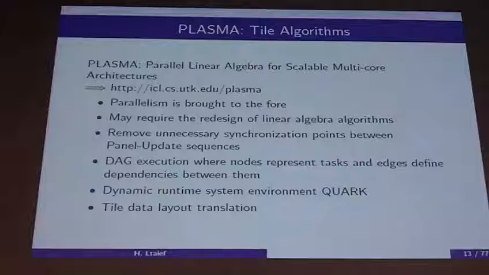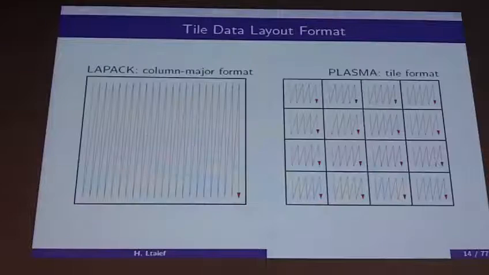So if you look at the way LAPACK stores the elements of the matrices in memory, this is the column major format from LAPACK. And you can see they are all contiguous in memory column-wise. And Plasma came up with this new tile format, okay? Not really new, I mean, it has actually been discussed by previous people, but we were able to reuse it to our benefit.